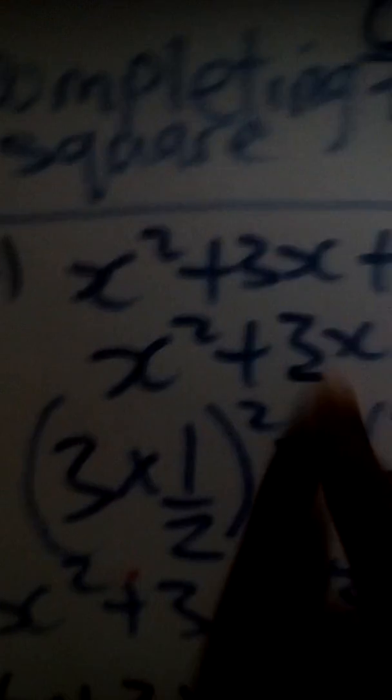The coefficient of x here was 3. I took half square of it, that's 3 over 2 square, and I added it to both sides. If you open this bracket, you find out you still get this equation. So all I did was factorize. Then I just added these two to give me 1 over 4. That's the square root of 1 over 4. Then I just collected like terms and found the value of my x respectively.